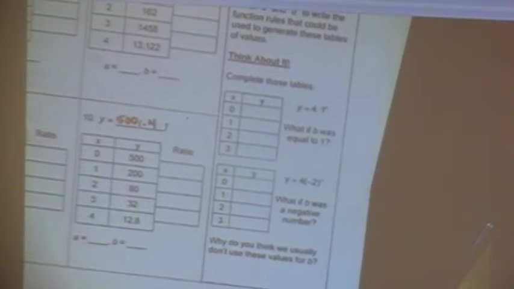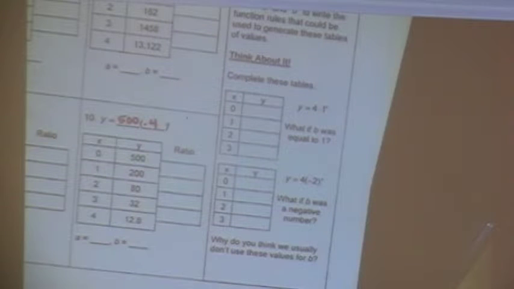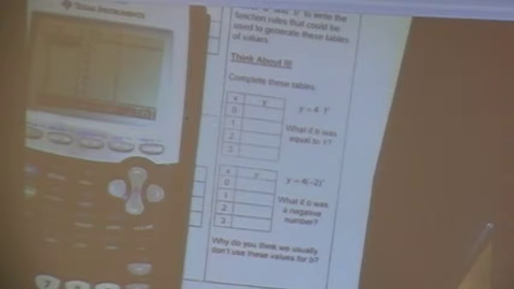Okay, so now let's look over here at the think about it, and let's put these in our table and see what happens. So on this first one, it's saying 4 times 1 to the x. So go ahead and put 4 times 1 to the x in your calculator. And notice what happens.